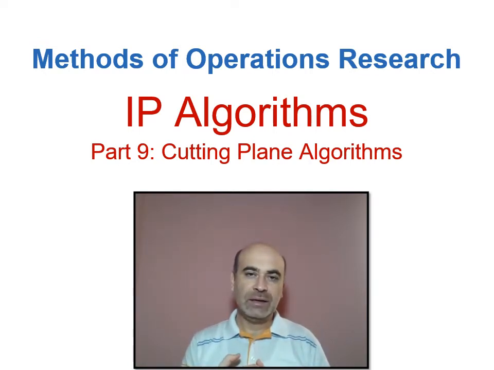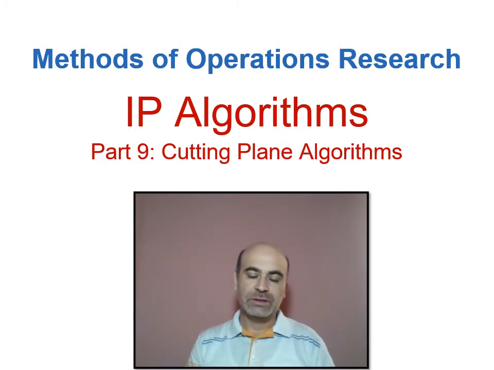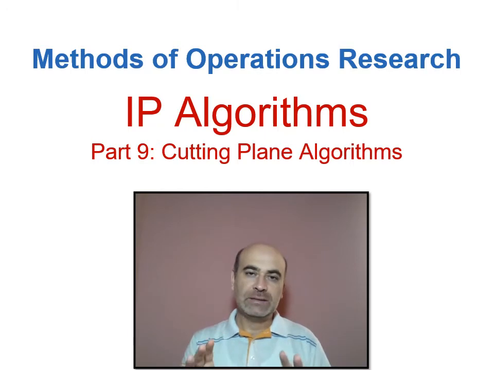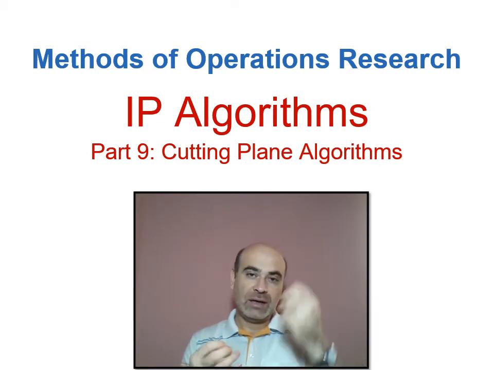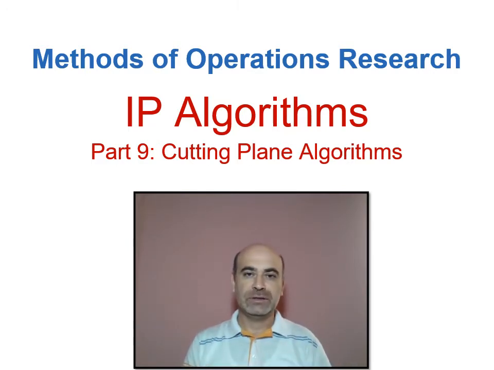And secondly, after inclusion of this constraint in the model, all integer feasible solutions of the original model should still remain feasible. We shouldn't cut any one of the integer feasible solutions. Therefore, an artificial constraint, to be a cut, needs to satisfy these two conditions.